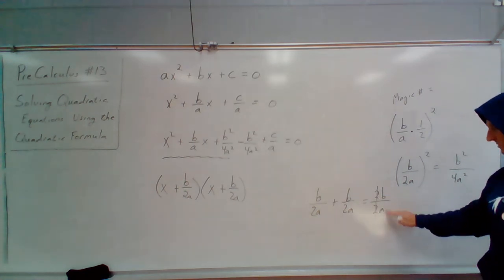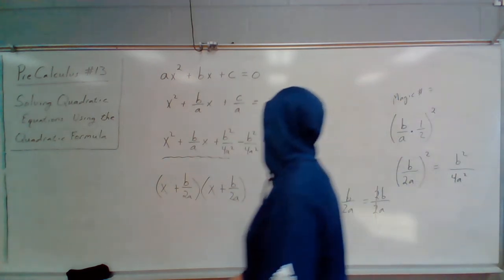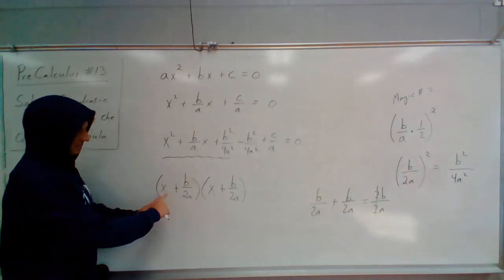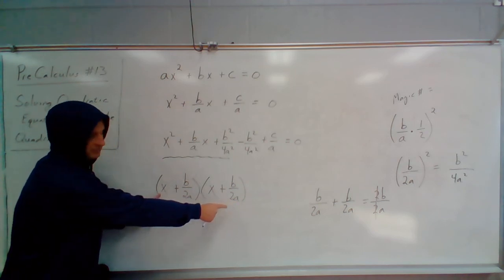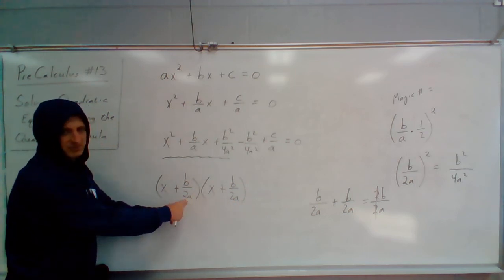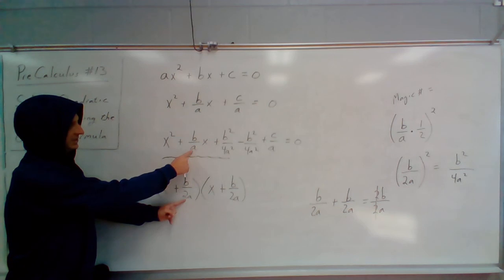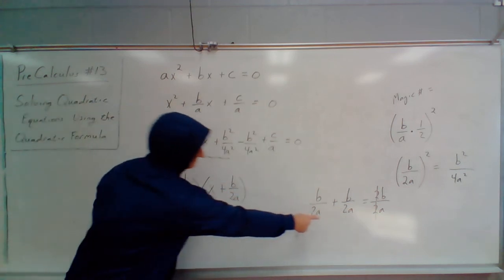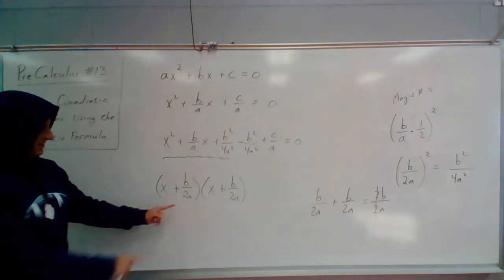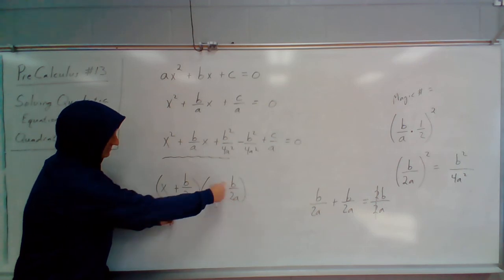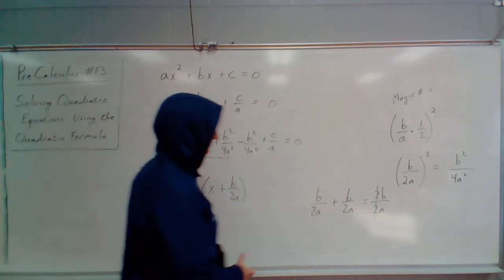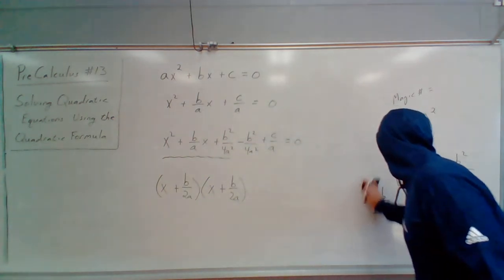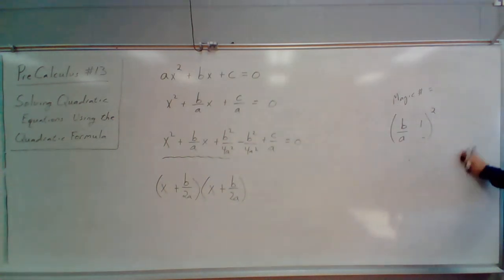The 2's cancel, and it adds up to b over a. So again, x times x is x squared. X times b over 2a is b over 2a x, plus another b over 2a x gives me b over a x. Right. Okay, and then this times this will be b squared over 4a squared. So we have that factored correctly. Right, let's get rid of all of our scratch work so we have some more room.